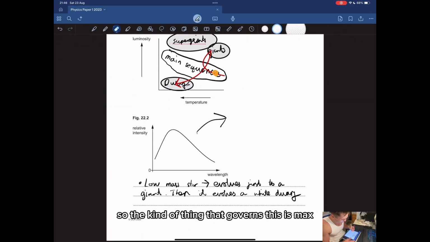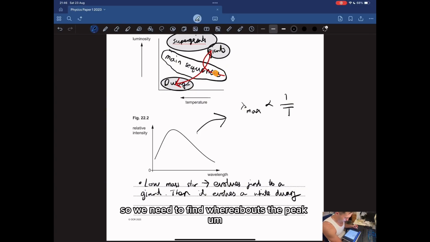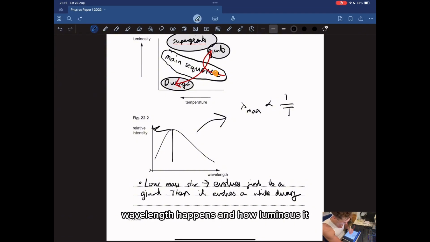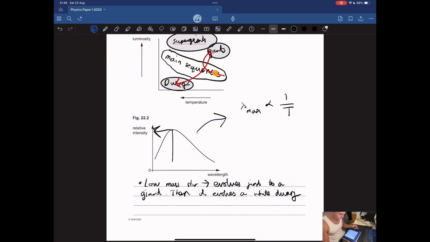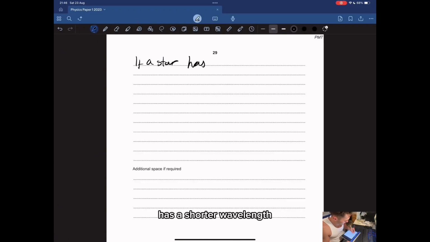So the thing that governs this is that max wavelength is inversely proportional to temperature. So we need to find whereabouts the peak wavelength happens and how luminous it is, and that shows how intense it is. So if a star has a shorter wavelength, it's hotter, right?